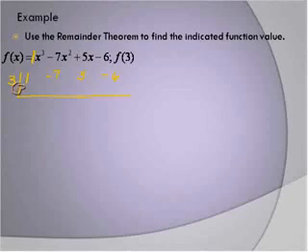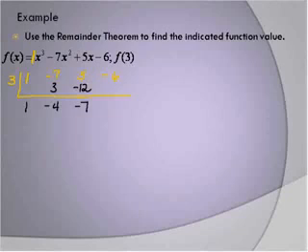Again, the first thing we do is bring the first number straight down, multiply the divisor times that number, and place it under the next coefficient. So 3 times 1 gives us 3, and we place that under the -7. Add -7 plus 3 gives us -4. Multiply 3 times -4 gives us -12, and we place that under the next coefficient, which gives us -7.